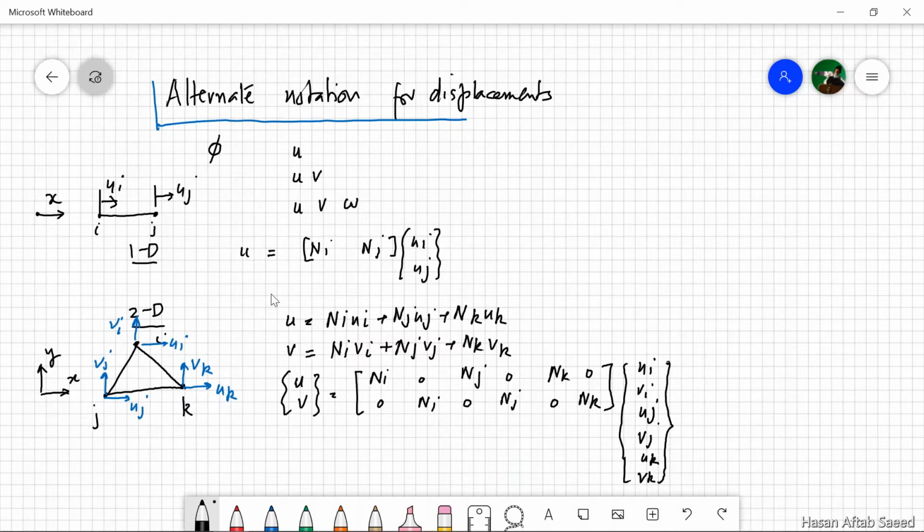We have used zeros at the appropriate places because this u has nothing to do with the nodal displacements vi, vj, vk. Similarly, v has nothing to do with the nodal displacements ui, uj, uk.